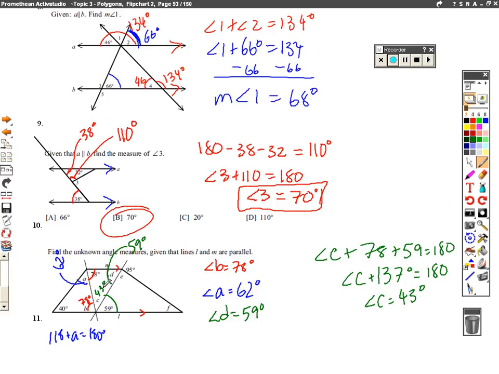Alright, so a couple other things we need to do. Angle E, I believe that's called, right in there. Angle E and this 95, they make a whole line. So since this is 95, 95 plus E has to be 180, so that makes angle E 85 degrees.